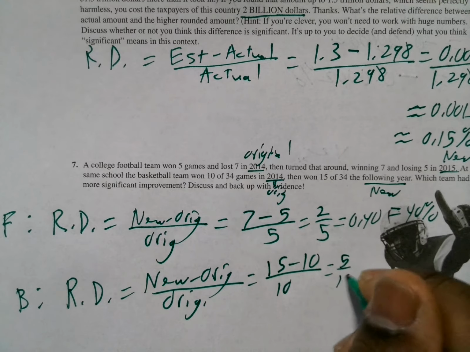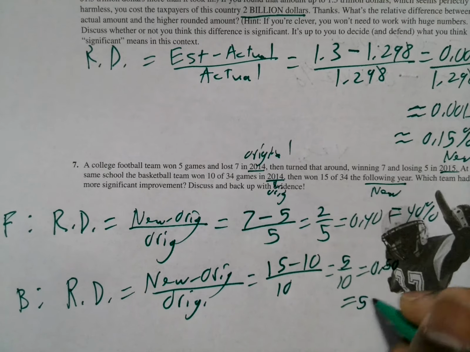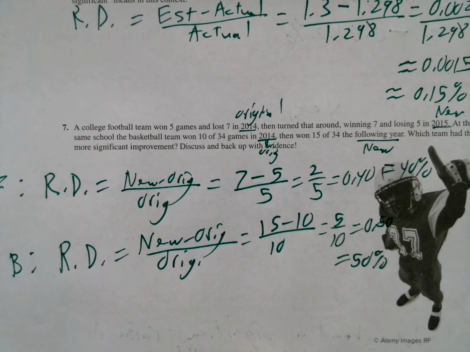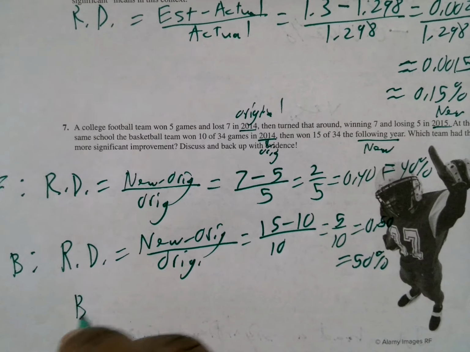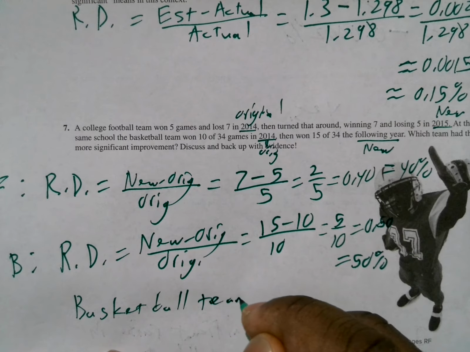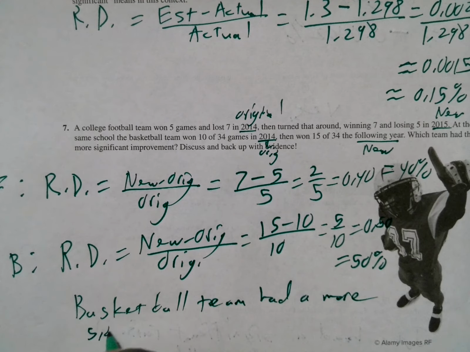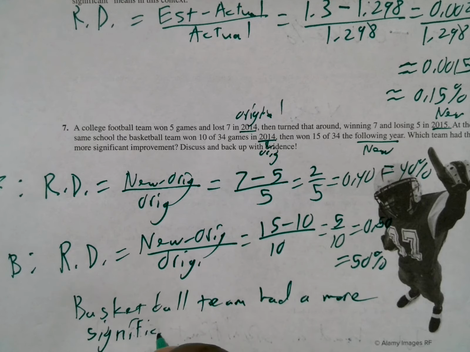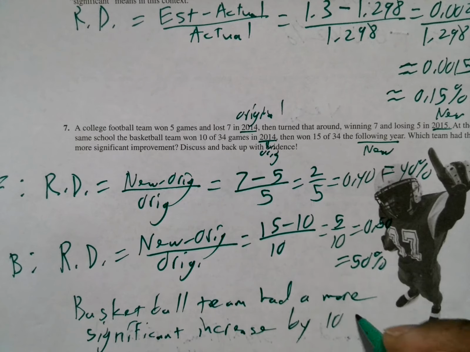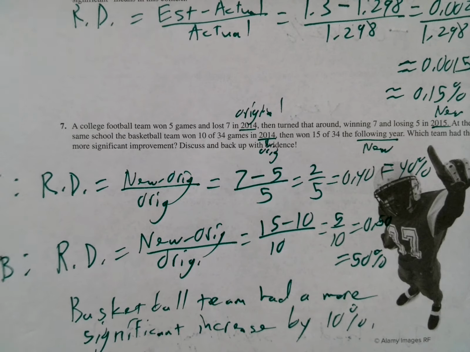So this will give us 5/10, which is 0.50, which we know is 50%. So we know the basketball team had a more significant increase by 10%. And that is our final answer for number 7.